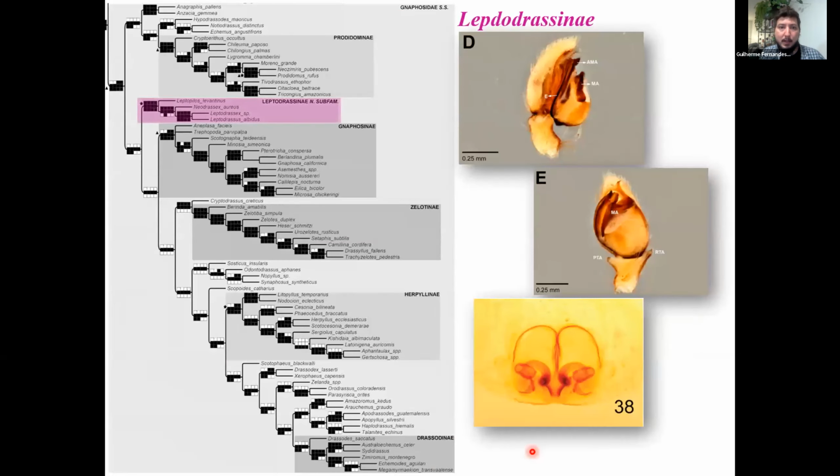And we have the new subfamily at the time, Ariscarvus leptodrassini, that includes two of Murphy's groups, the Leptodrassus and Leptodrassex groups, and they have very different and peculiar kinds of copulatory organs. So it's a very well supported clade in our analysis.